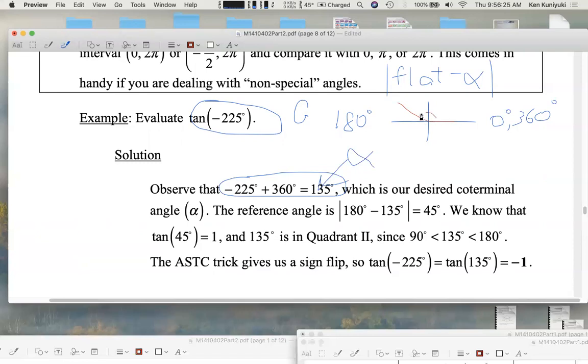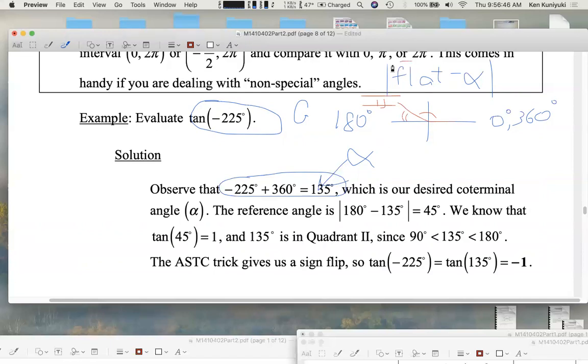Now, what's going to be the reference angle over here?